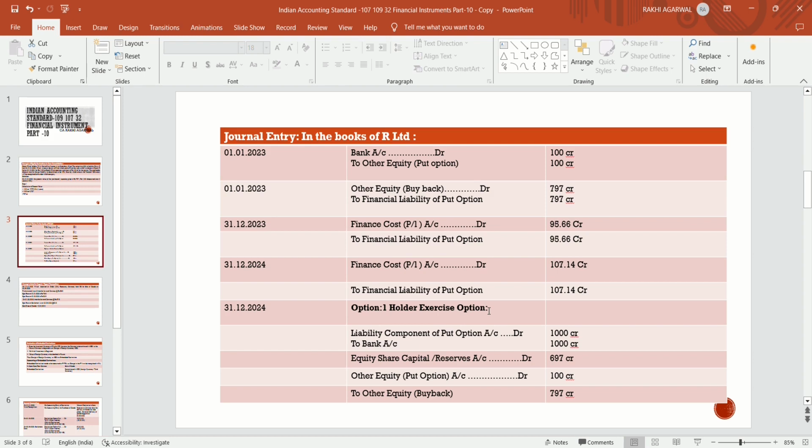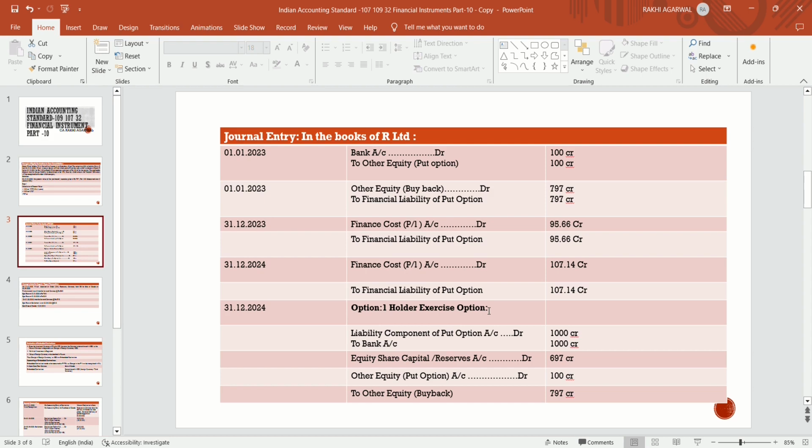On 1st January 2023, it will also recognize the financial liability of the put option, because it has to pay after 2 years. So it will create a financial liability for that. What will it debit? It will debit other equity, buyback, because it is buying back shares.